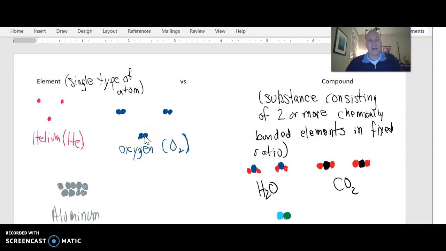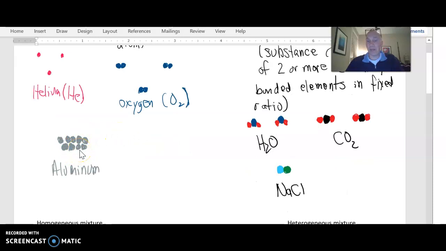So notice that within this unit right here, you have nothing but one type of atom. They're all oxygen atoms. It's just that they happen to exist as pairs of oxygen atoms, whereas the helium atoms exist as individual helium atoms.